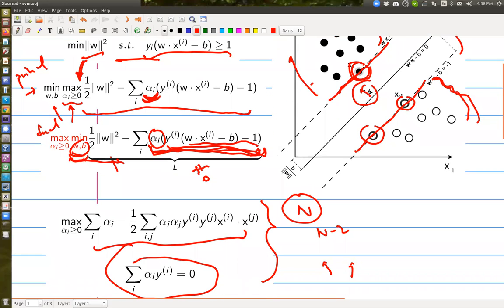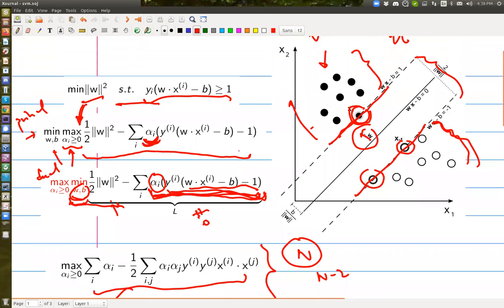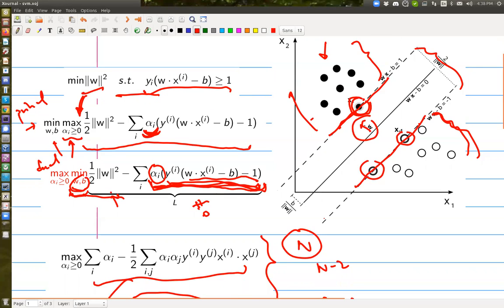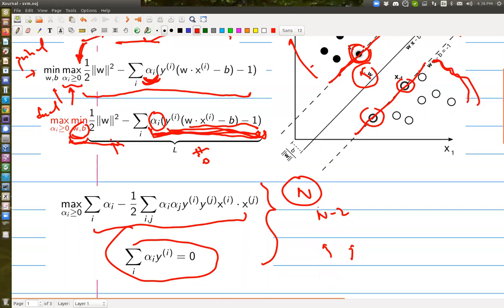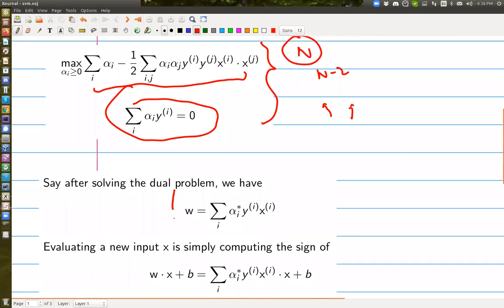And that feature is desirable, because in practice, how do I evaluate a new input to classify whether, say, an image is a cat or not a cat? It will be based on the W that we calculated. Okay, the optimum W is equal to this one here.